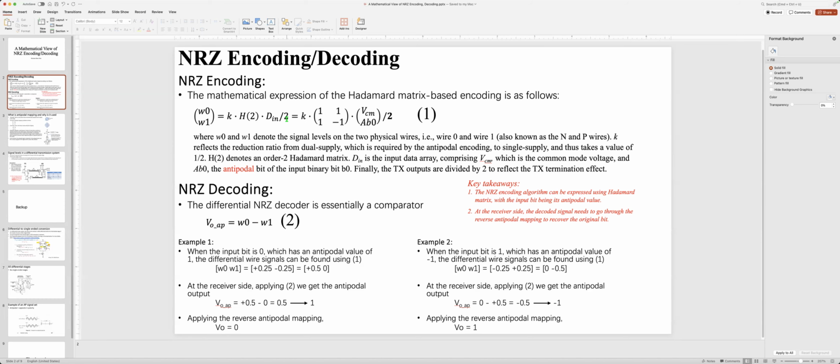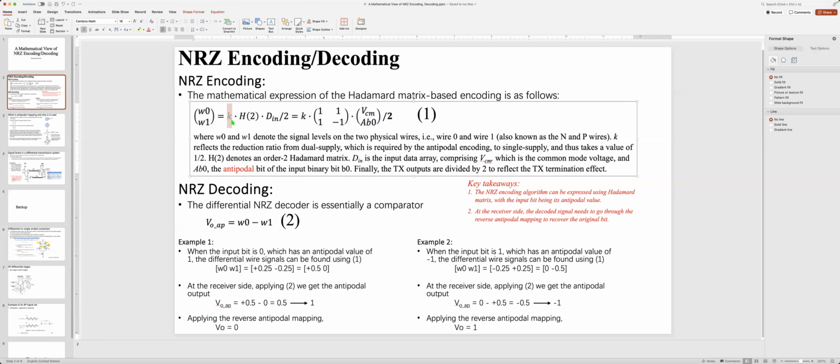And with this termination, we do not see 1 volt on the transmission line. We can only see half a volt, which is a 0 volt to half volt swing.